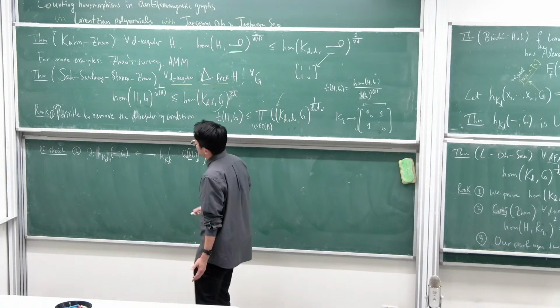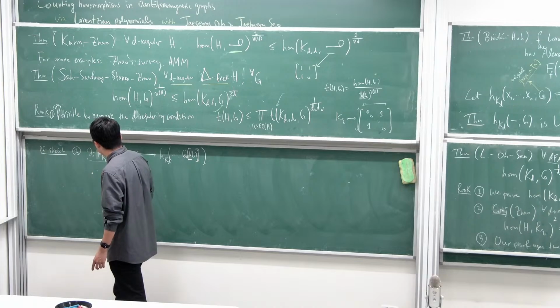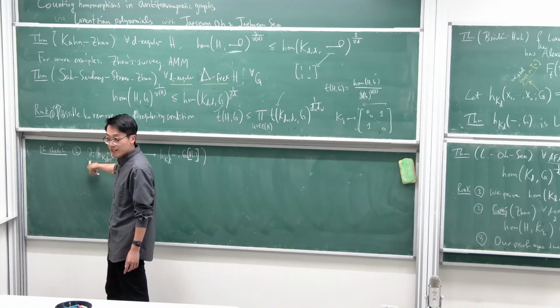What do I mean? Here what I'm actually counting is a K_{d+1} homomorphism that uses the ith vertex.